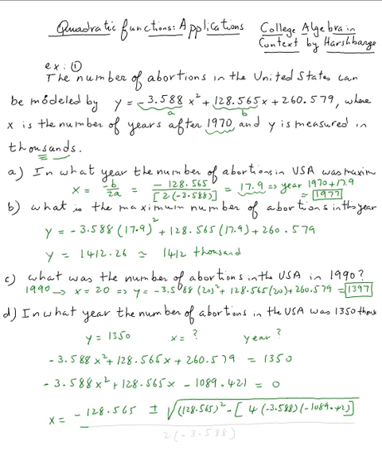And then everything is divided by 2 times a, which is 2 times negative 3.588.